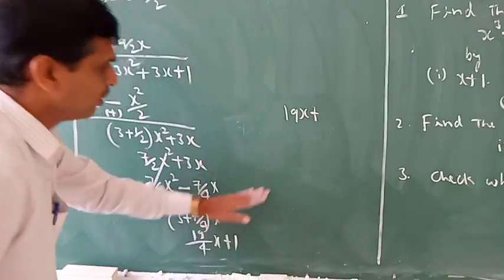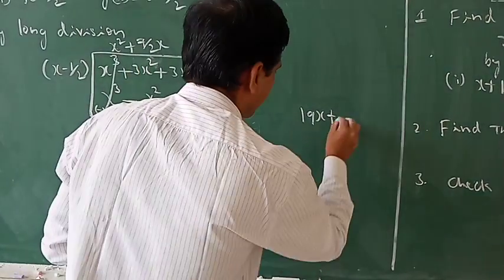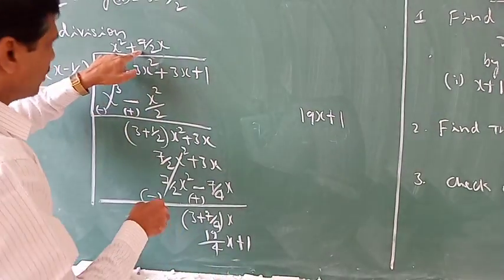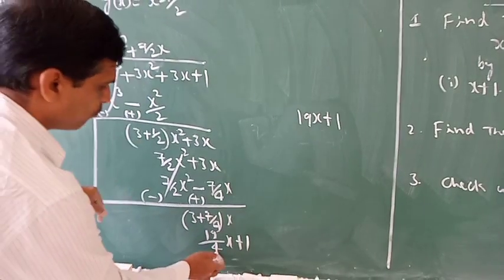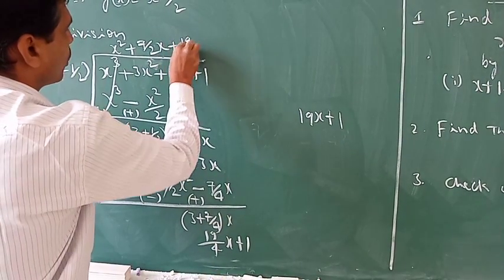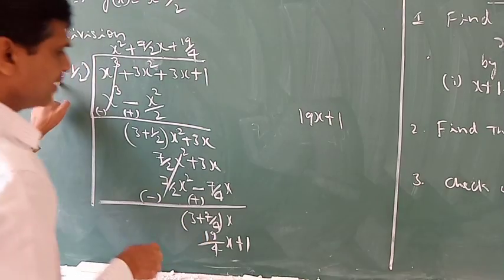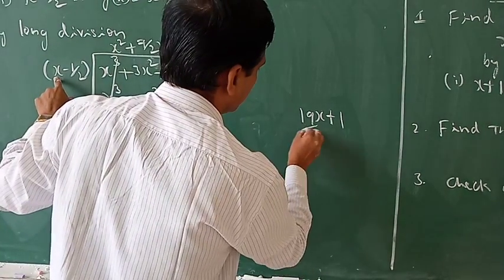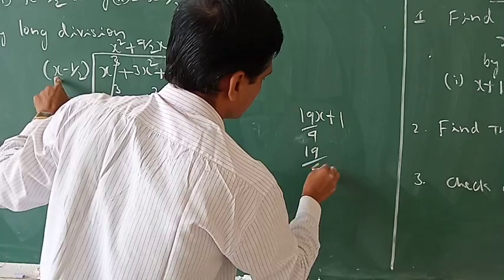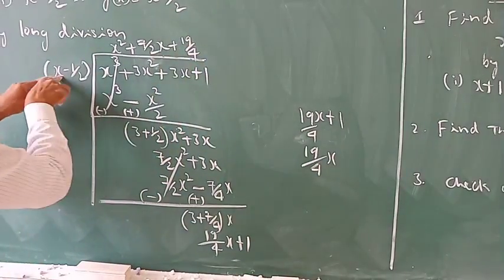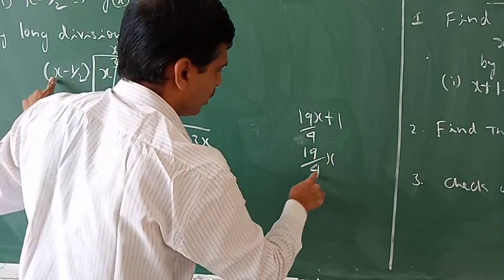Consider this as a new dividend, plus 1. So here take 19 by 4. X is already here. Therefore 19 by 4 multiplied with x is 19 by 4 x.